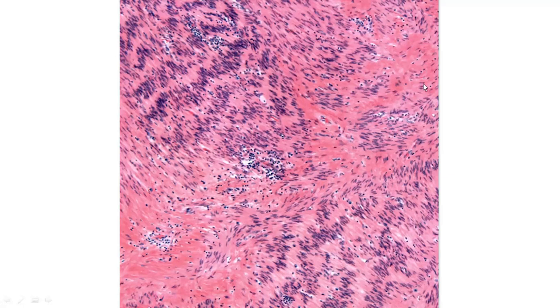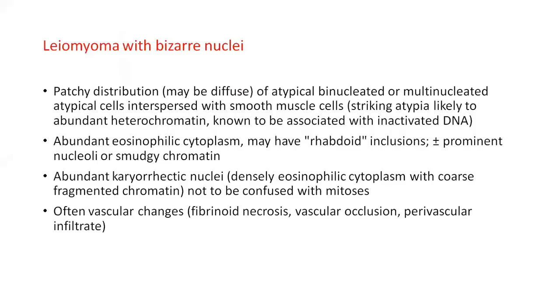In this picture on the right side, we have a normal amount of cells of a leiomyoma, and then suddenly they have a higher number of bland-looking spindle cells with cigar-shaped nuclei, but no atypia, no higher number of mitosis. Discussing the next entity, which is the leiomyoma with bizarre nuclei.